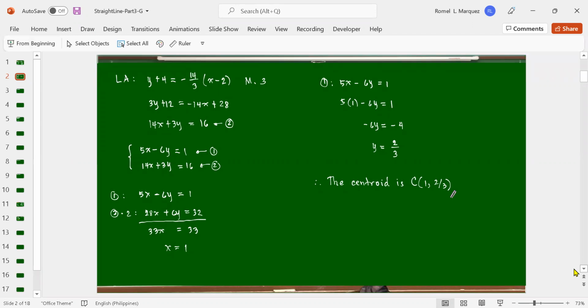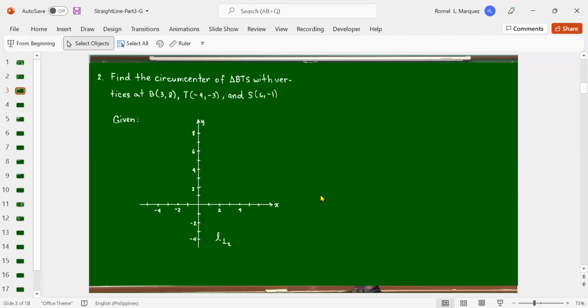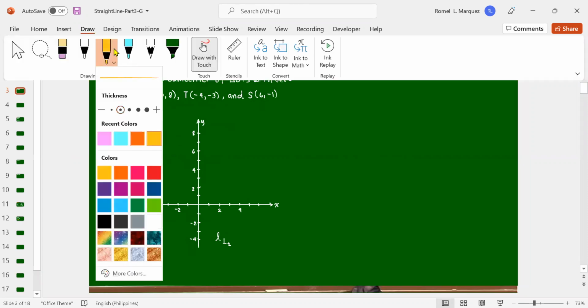If you don't have questions, let's proceed to the second one. Find the circumcenter of triangle BTS with vertices at B, coordinates 3, 8, T, coordinates -4, -3, and S, coordinates 6, -1. Okay, let's plot the given points.